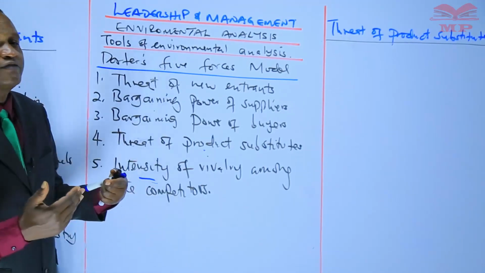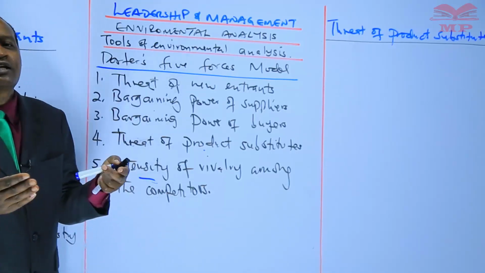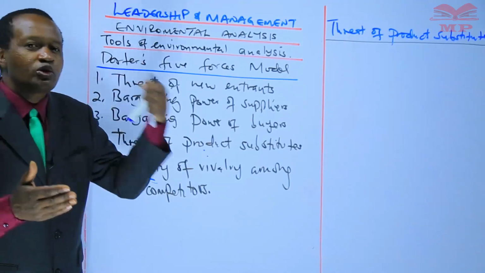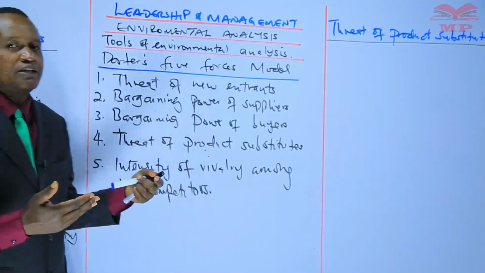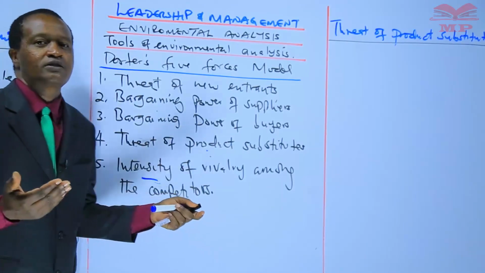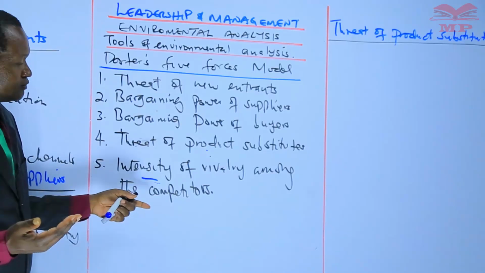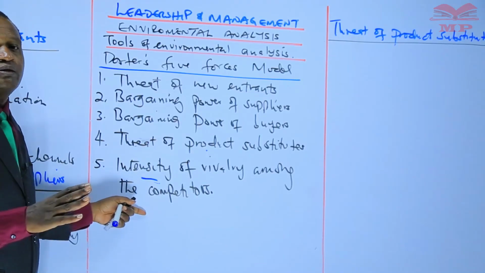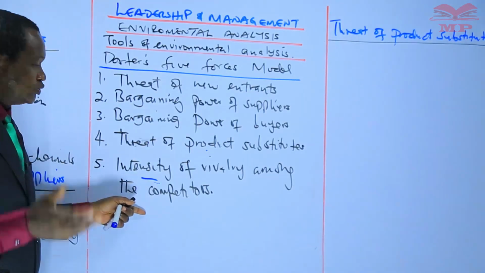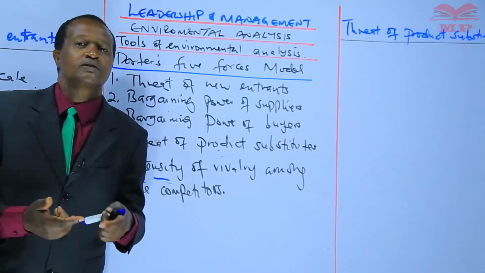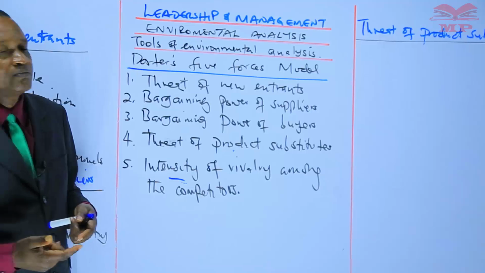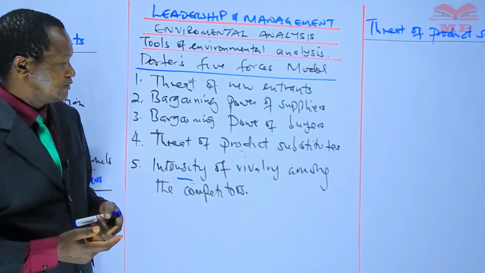And there are various factors that experience shows to affect the intensity of a firm's rivalry. There are various factors that will lead to rivalry among the competitors, all right?